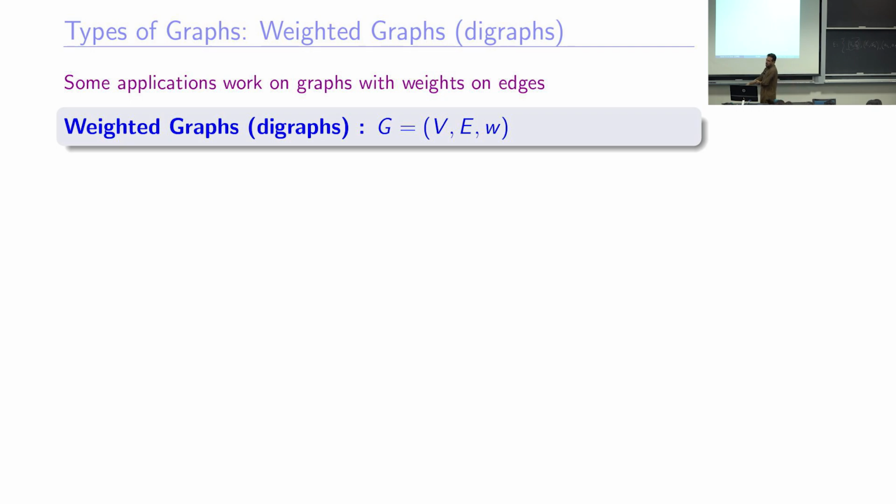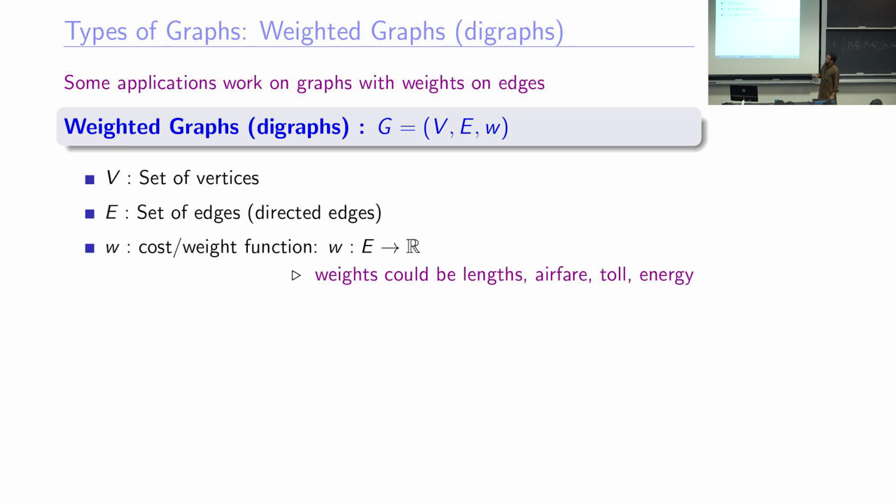In some cases we require weighted graphs. These are called weighted graphs. An edge weighted graph has three things: a set of vertices, a set of edges, and a function, a mapping from the edges to real numbers. It's written like this: G = (V, E, W).